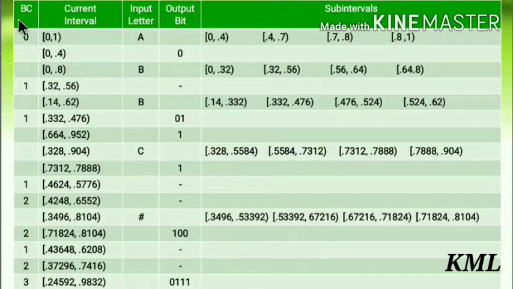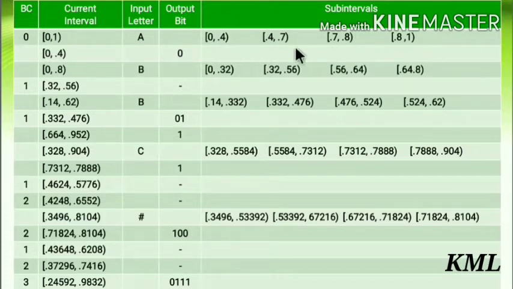Here I have the table. The first column is bit count, then current interval, input letter, output bit and subintervals. So make this table. Then take the initial interval, that is 0, 1. Now take the first input letter, that is A. The first step is to divide this interval into subintervals.